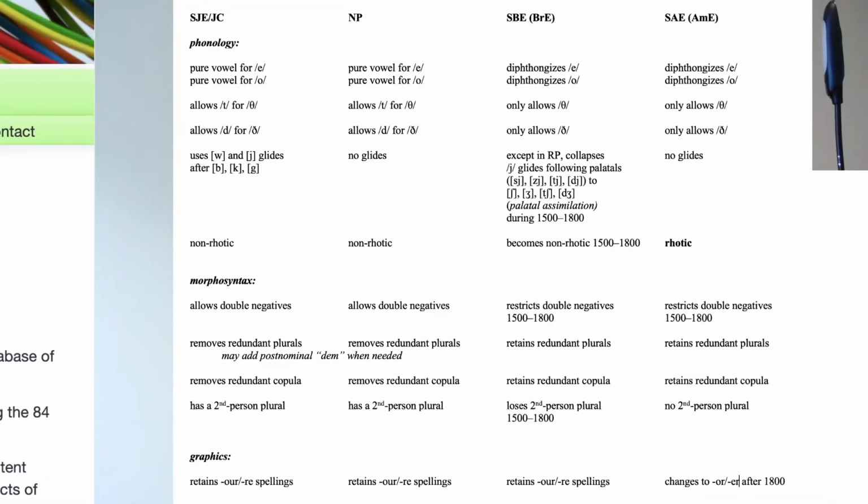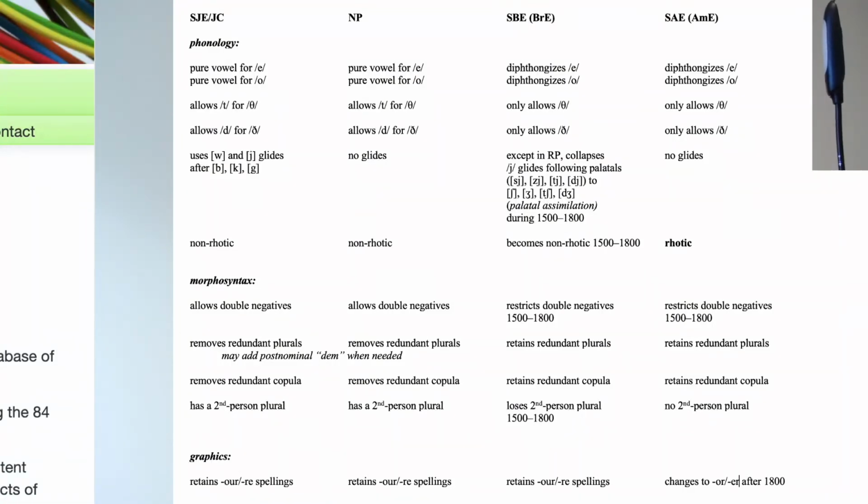And we brought those together and made the case that although the early modern period, and indeed much of the present-day English period, was defined by establishing SBE and SAE as the best Englishes for a variety of reasons, specifically because of their perceived historical purity, because of their perceived efficiency, and because of their perceived logic and sense, we realized that SJE, JC, and NP actually make a lot more sense, are more efficient, and are more historically pure, notably in the retention of pure vowels where SBE and SAE diphthongize, as well as other ways than the standards that are supposedly better than them.